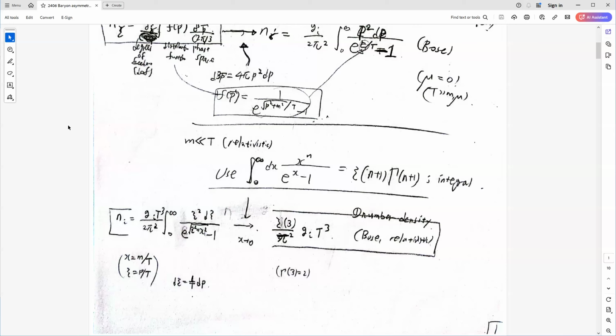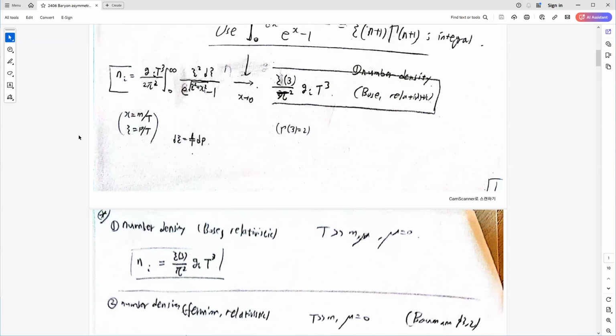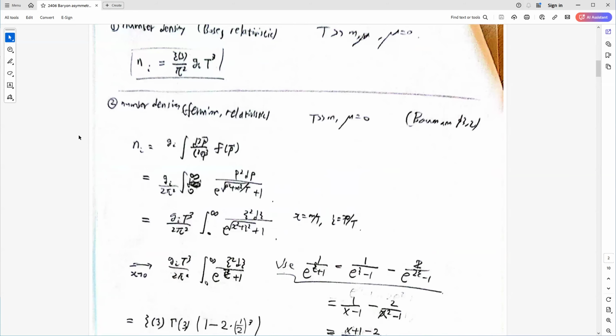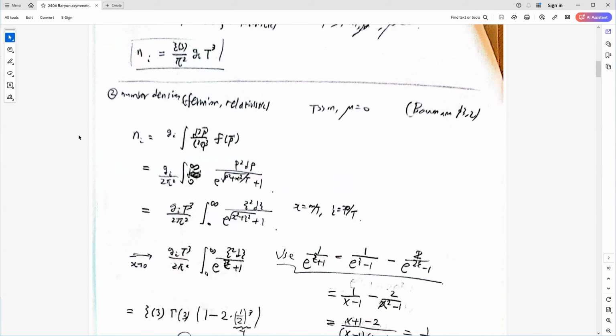Similarly, we can obtain the number densities for the other cases. For example, in the fermion case, the distribution function is given by the Fermi-Dirac statistics, and in the Fermi-Dirac statistics, the sign is changed in the denominator. Also, we will apply the relativistic case and the chemical potential equal to 0. We will generalize this to the non-relativistic case and the non-zero chemical potential later.